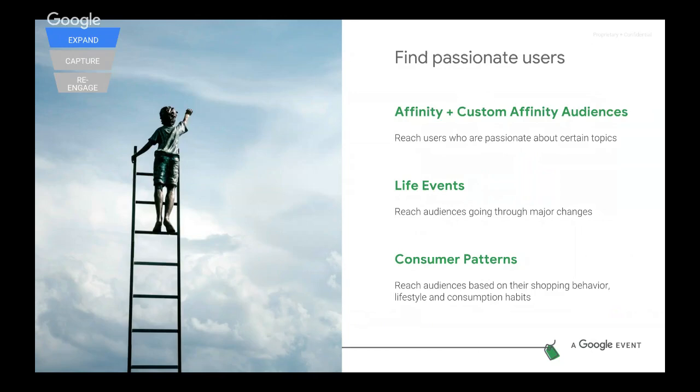And then finally, we have the consumer patterns, where this will enable you to connect with people that have certain patterns. So for example, if you know that your audience likes eating at restaurants, you can segment the dining out frequently consumer patterns.